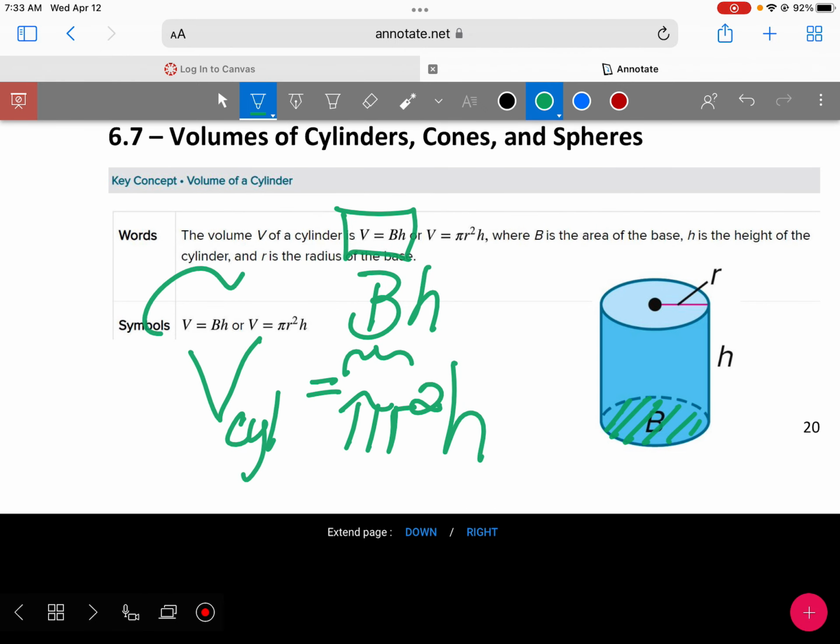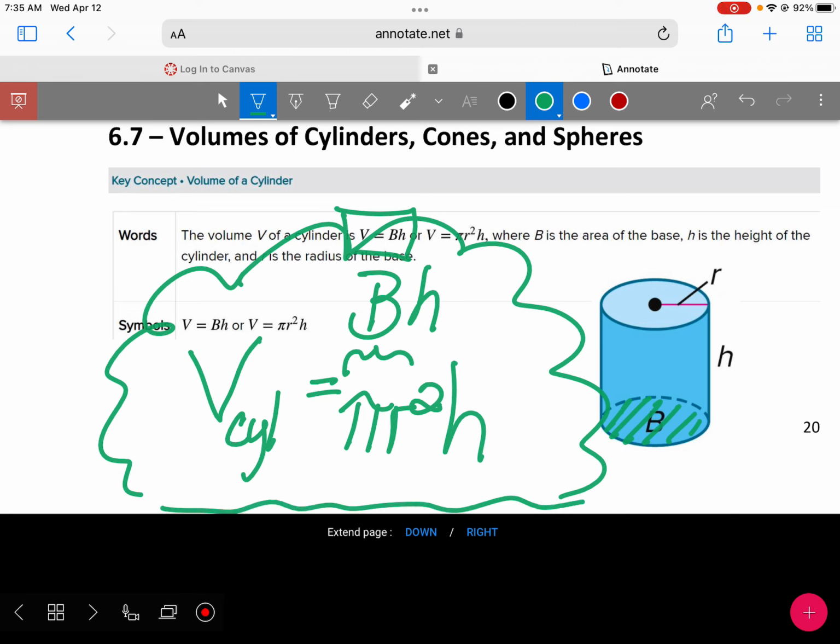That is the big fluffy formula that you need to try to recall. All cylinders, if they are right cylinders, meaning the sides go straight up, is area of the base times the height, and because that base is a circle, it is pi r squared times the height.